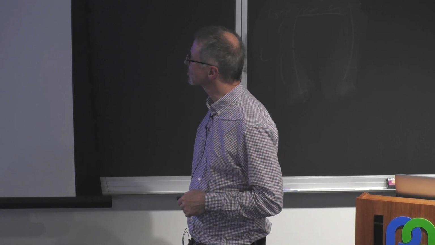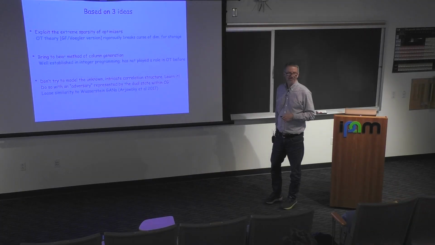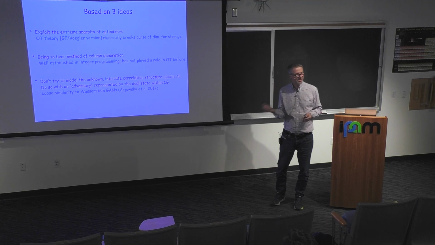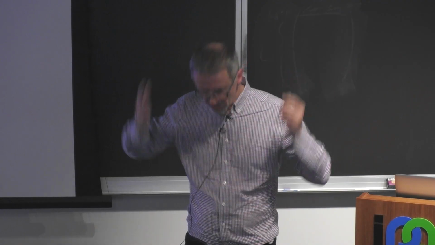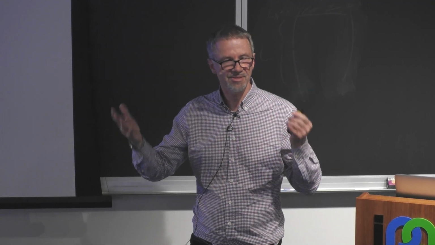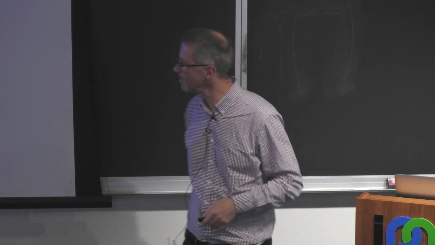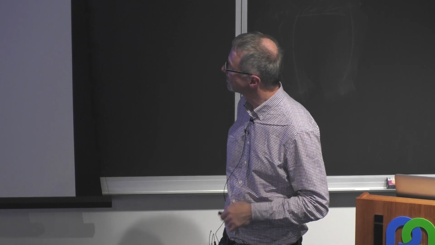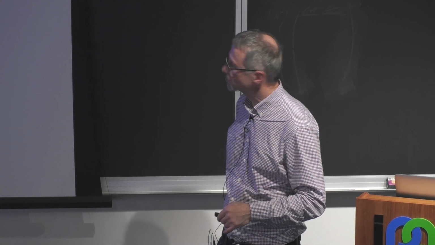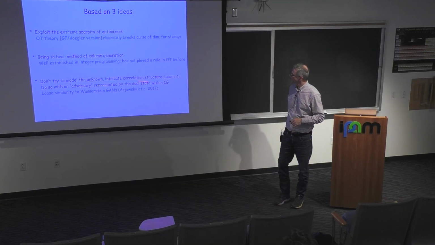Make no ansatz, just learn it. We are talking here not about data learning, supervised learning, but we have to do unsupervised learning because we wanted to do ab initio, just solve the equation. So it's not data-driven learning, it's unsupervised learning. And then what you have to do is learn with an adversary. In this case, a natural adversary suggests itself as the dual state within column generation.